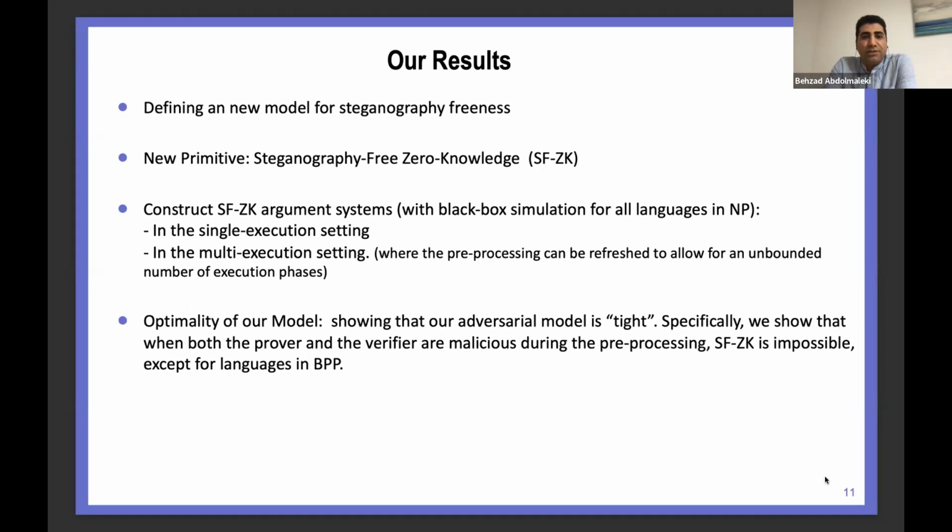And then we construct SFZK arguments in two settings with black-box simulations: the single execution setting, which means that the pre-processing phase is not reusable, and the multi-execution setting. And also, we give an impossibility result that this is the best case that one can get in this model. But in this talk, I only cover the first three parts, and the rest I refer to the full version of the paper.